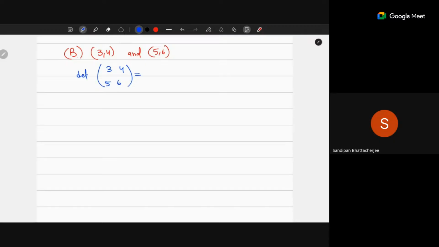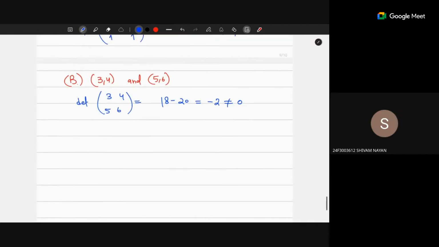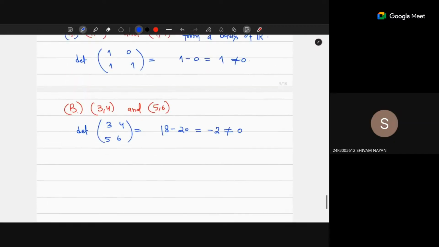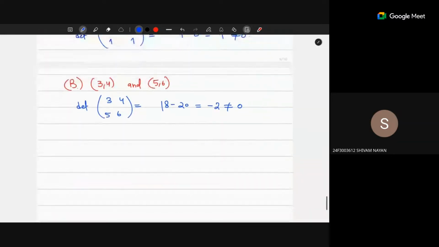Yes, it forms a basis because it is independent, it is non-zero. Whenever the determinant is non-zero, it will form a basis. You just need to make sure of the number of vectors.